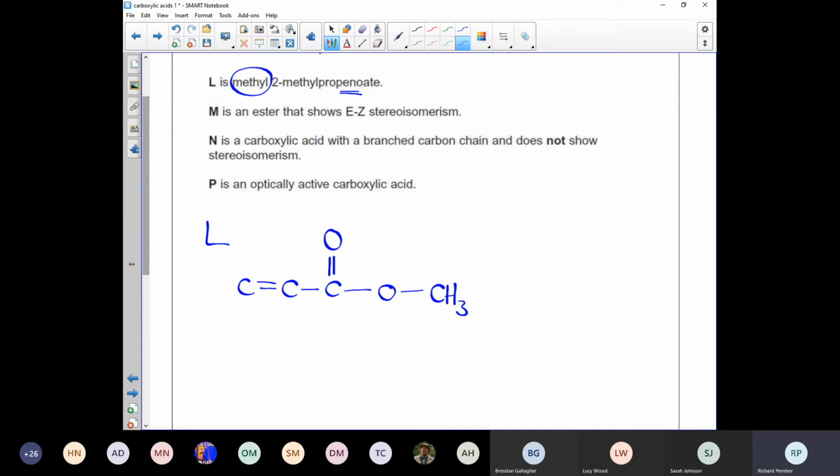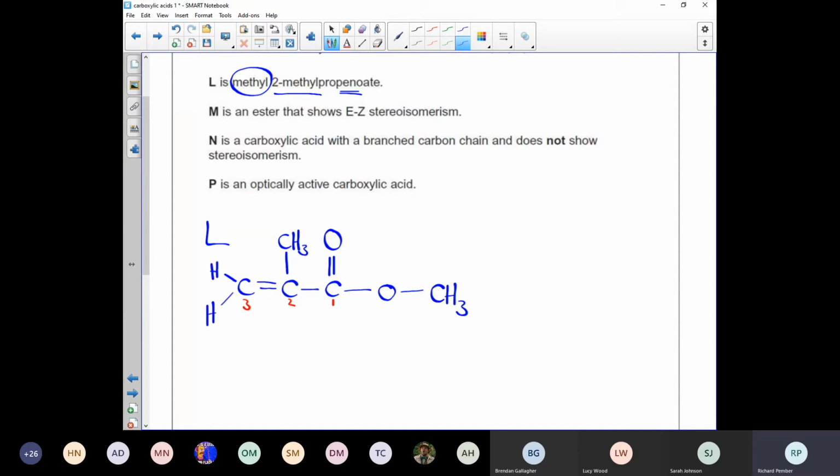between those 2 carbons there, and for it to be 2-methyl, then on my second carbon of my propenoate group, that being 1, that being 2, and that being 3, it doesn't leave me an awful lot more to play with.